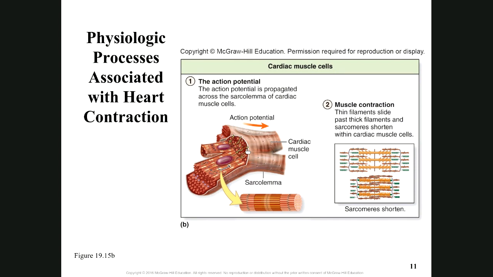When the action potential reaches each cardiac muscle cell, which contains sarcomeres, as you see here, the thin and thick filaments can slide over each other, and the size of our cell becomes shorter and shorter. And this is the meaning of heart contraction.